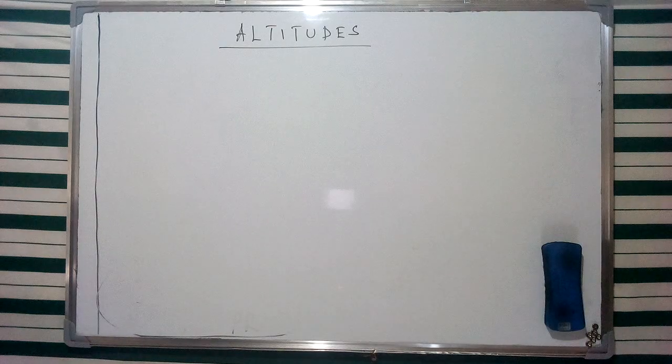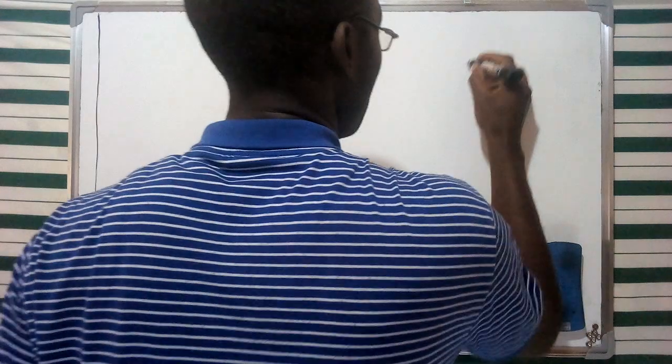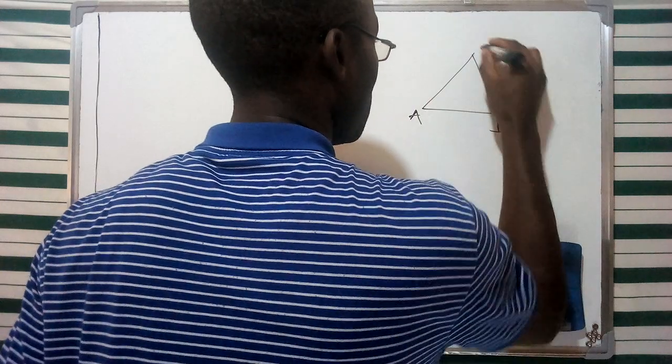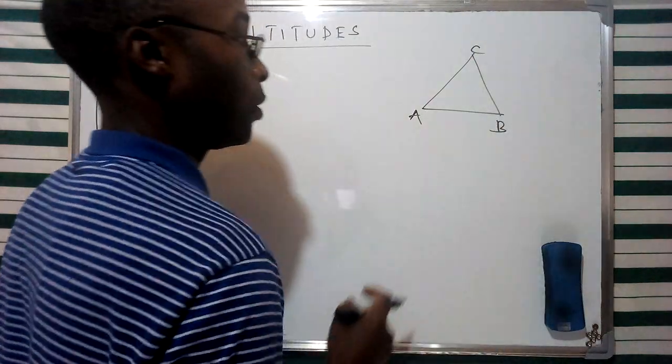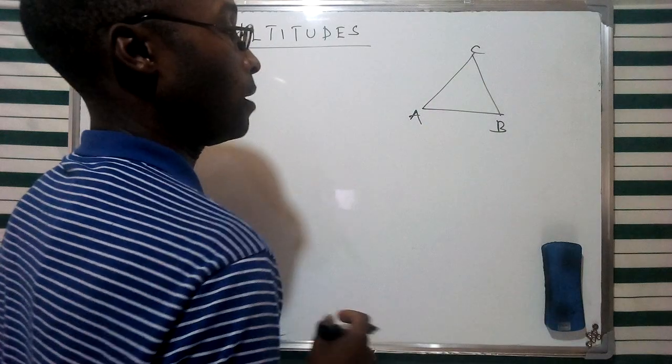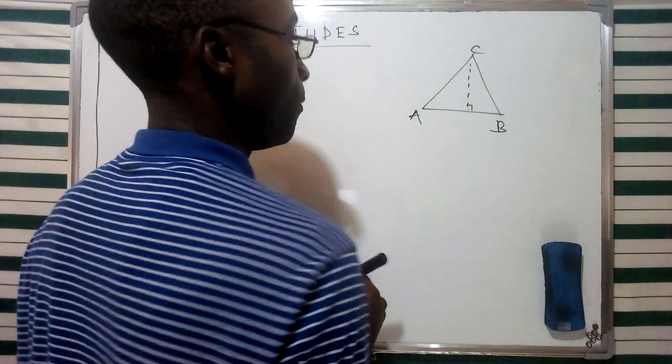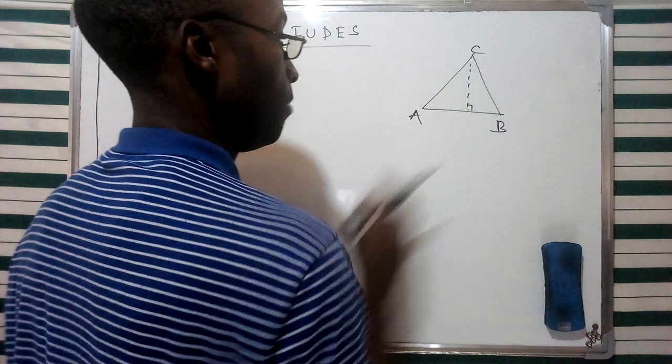So suppose we have a triangle given as A, B, C. We have said that we can drop a perpendicular from the point C, which is going to be a perpendicular bisector, dividing the segment AB.